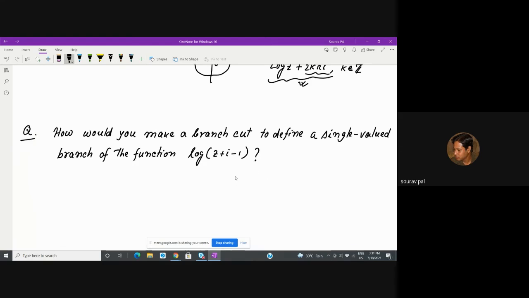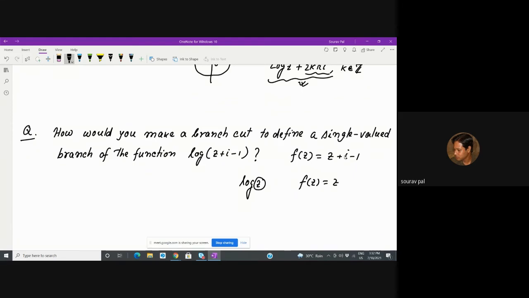Whatever I have shown you until now is about log z, where this function f(z) equals z. Now, if you change f(z) to be z plus i minus 1, meaning z plus some constant, this is again a nice function.